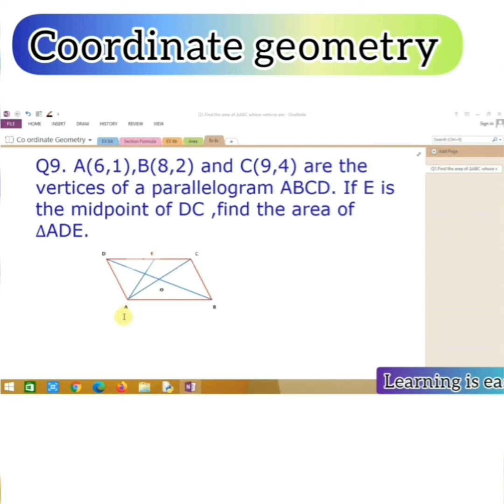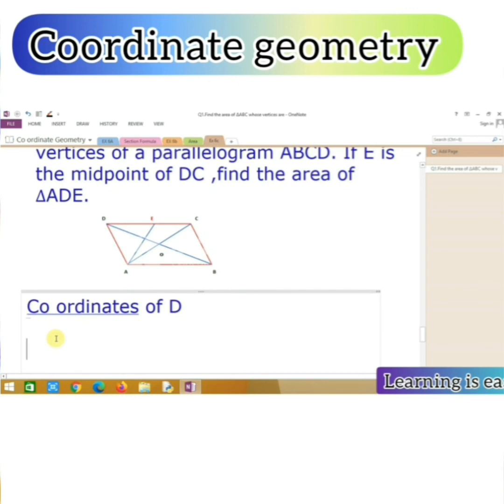By equating these two diagonals, we can get the vertex D. After calculating D, we can get the coordinates of E by taking the midpoint formula between D and C. So by just equating the diagonals, DOB is same as AOC. With that, we can get the coordinates of D.